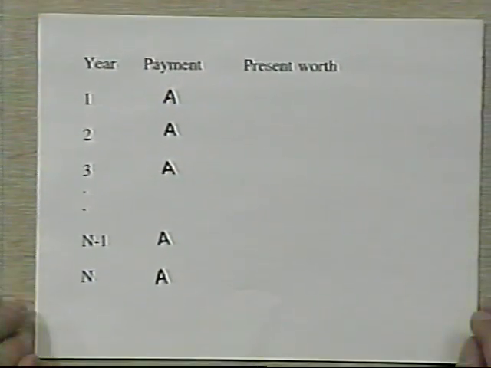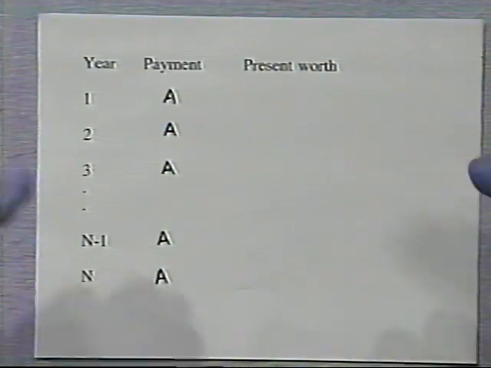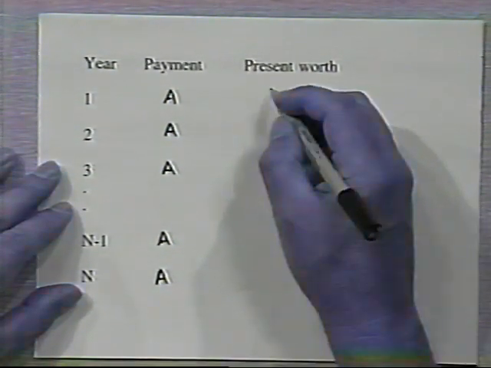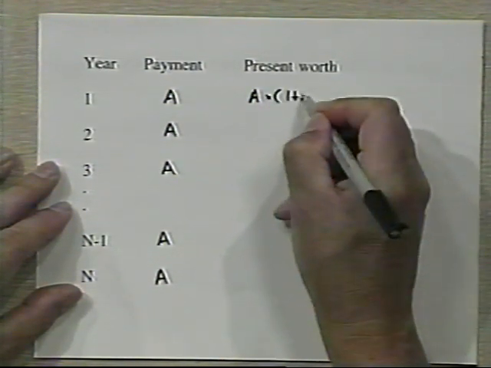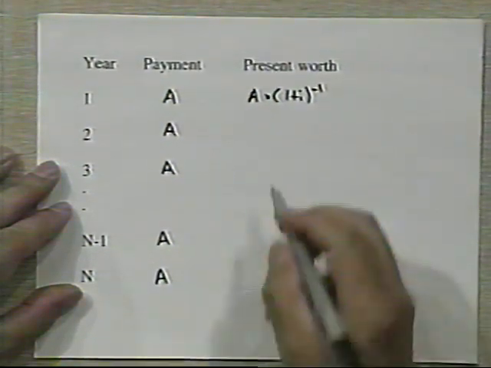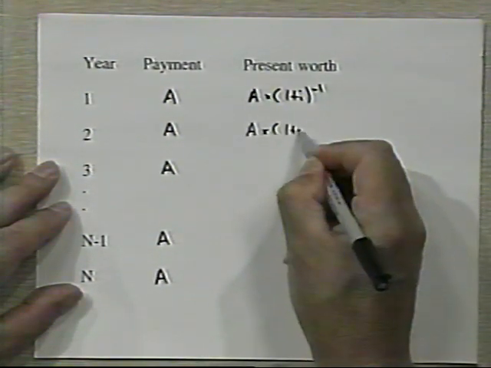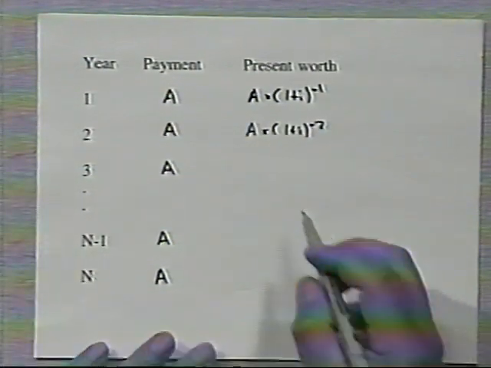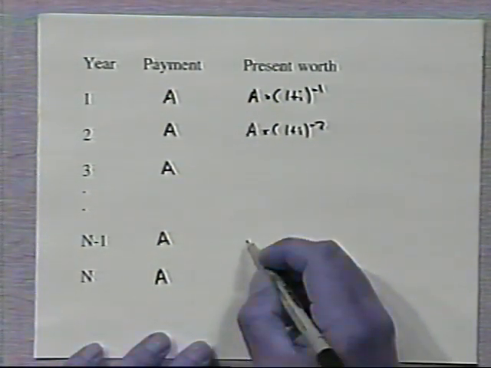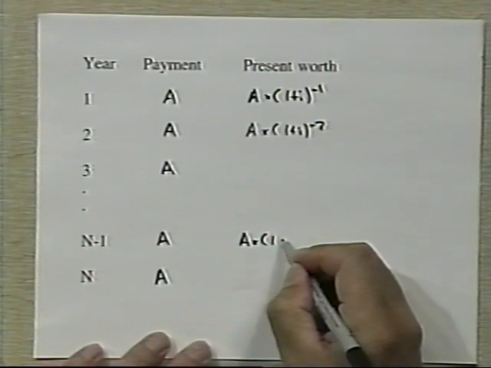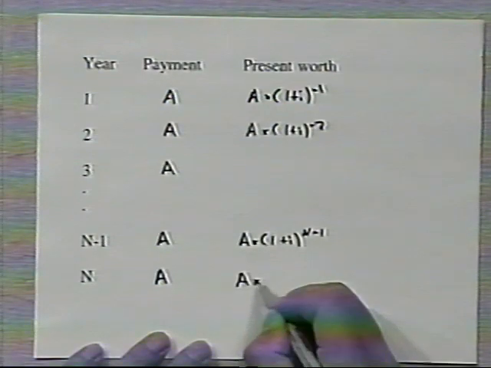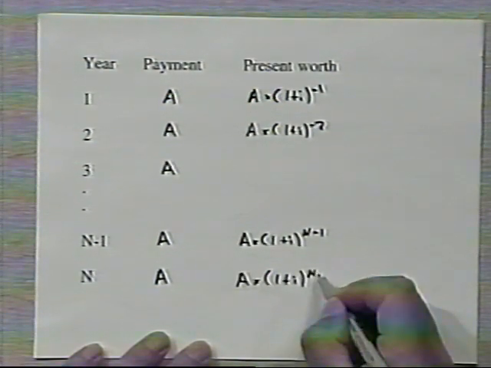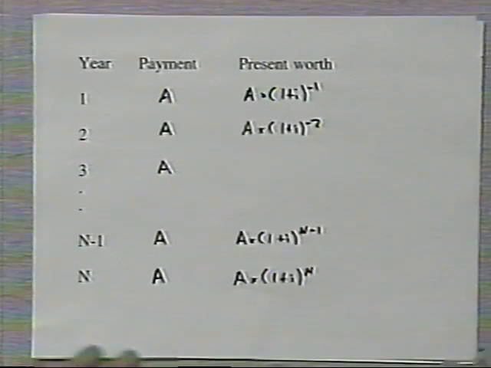So if my savings is A at the end of each year, I can work out the present worth as being A times (1 plus i) to the minus 1 for the first year, and A times (1 plus i) to the minus 2 for the second year, right down to A times (1 plus i) to the minus (n minus 1), and A times (1 plus i) to the minus n in the nth year.